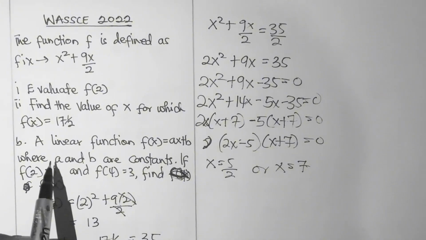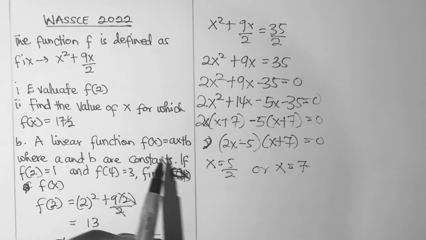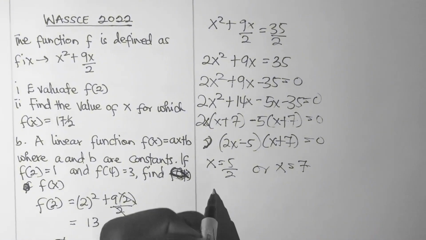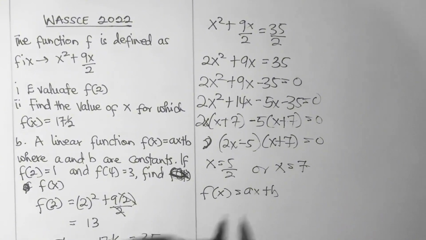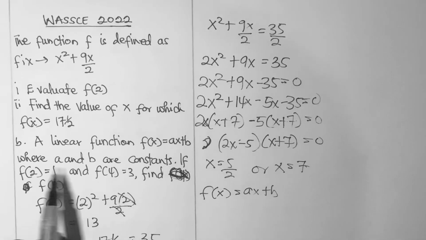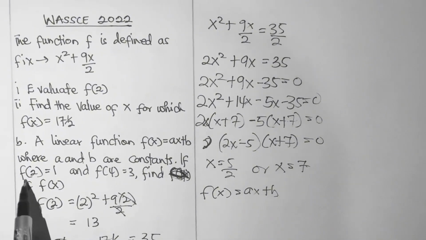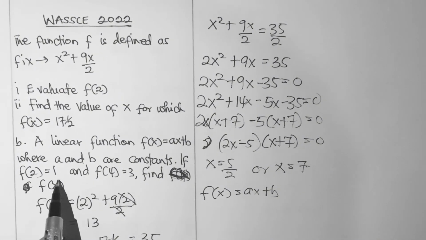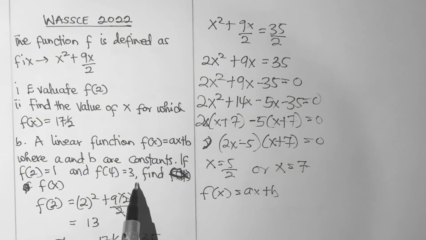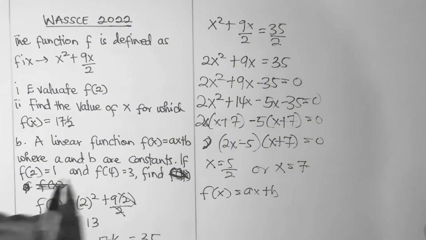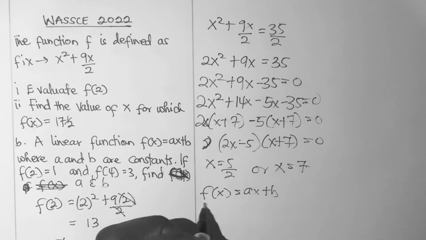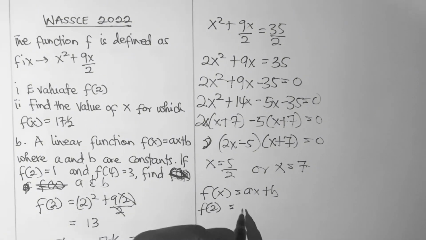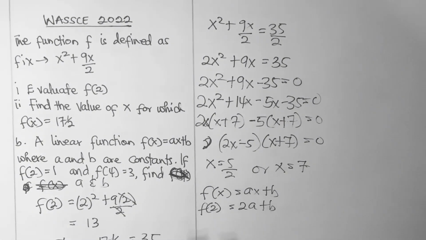And the last part says that a linear function f of x equals ax plus b, where a and b are constants. If f of 2 is 1 and f of 4 is 3, we are supposed to find a and b. So let's find f of 2. That is equal to 2a plus b, and that is equal to 1.